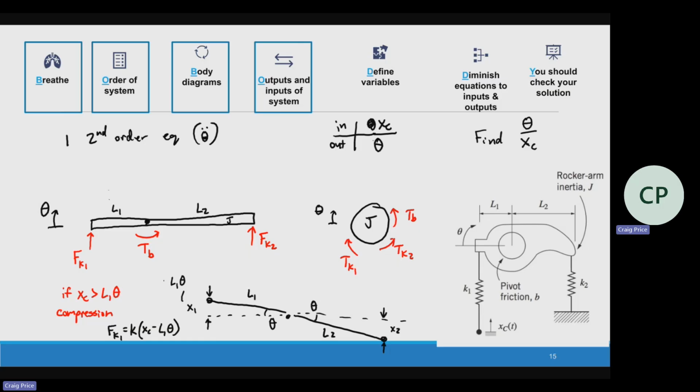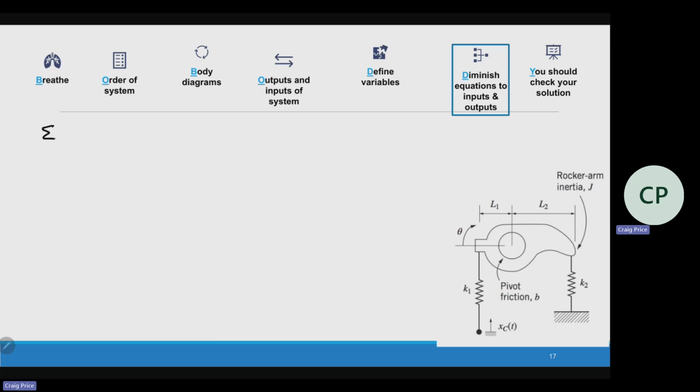I'm going to use my diagram to set this up. So sum of torques equals J theta double dot. I've got a positive TK1, negative TK2, and a negative TB.